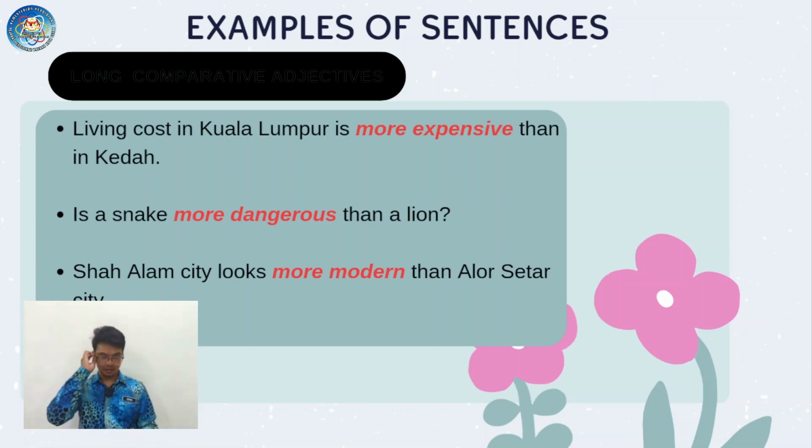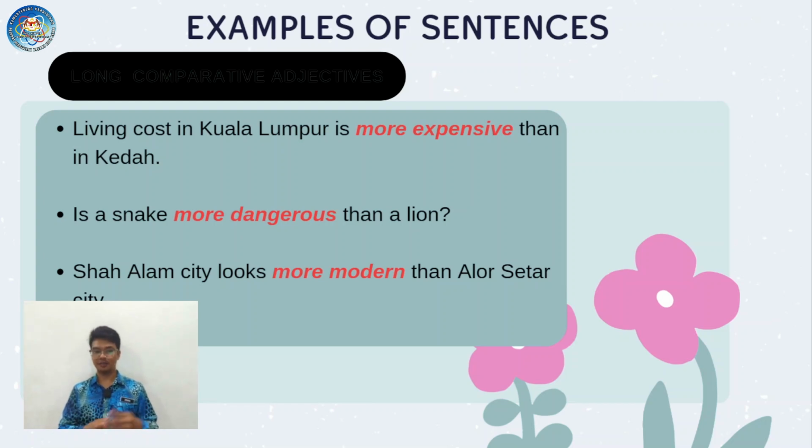And then the second example, is a snake more dangerous than a lion? Here we have the comparative adjective more dangerous to compare which is more dangerous between a snake and a lion.